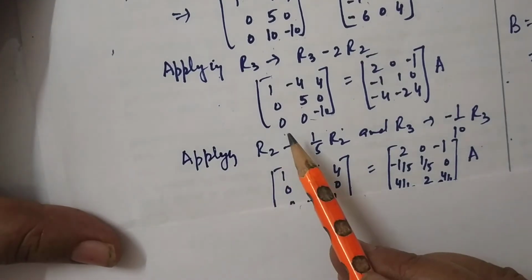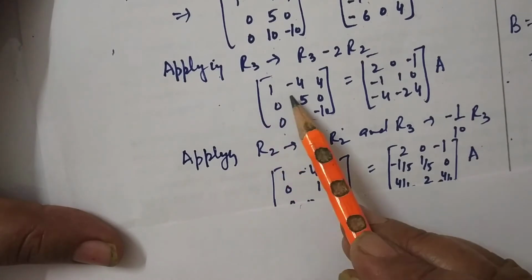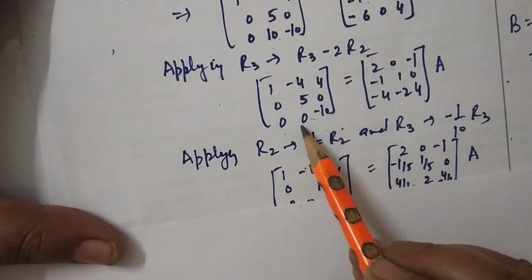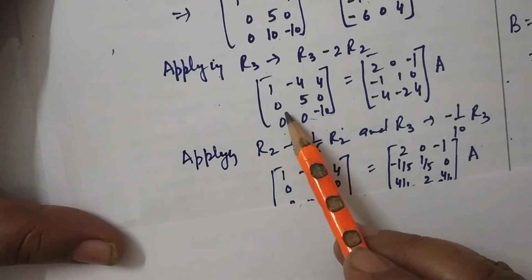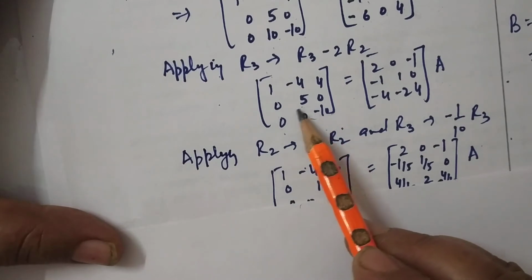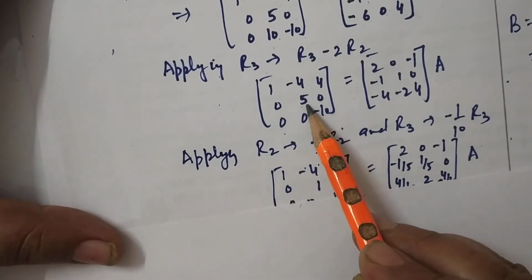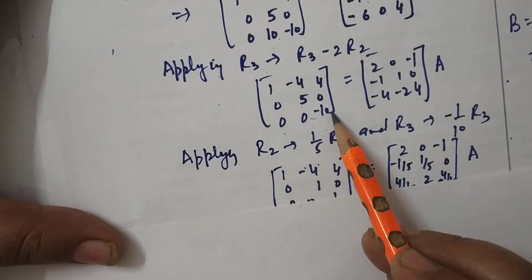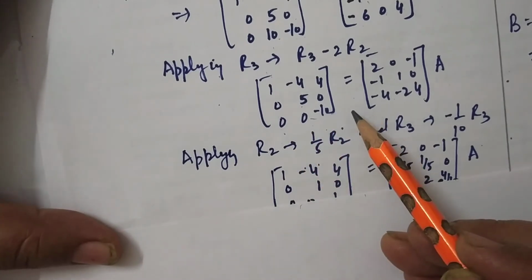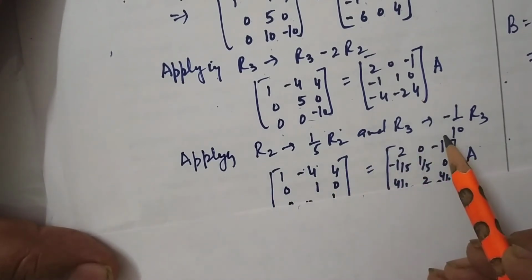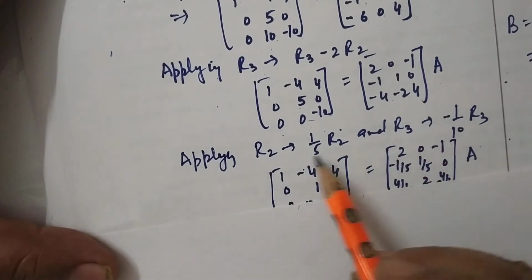Again I see how many places are solved: 1, 2, 3, 4, 5. This is not a big task, because if I divide this row by 5, I'll get 0, 1, 0, and this row by minus 10, I'll get 0, 0, 1, which is required. I can apply two operations together because these are easy operations.